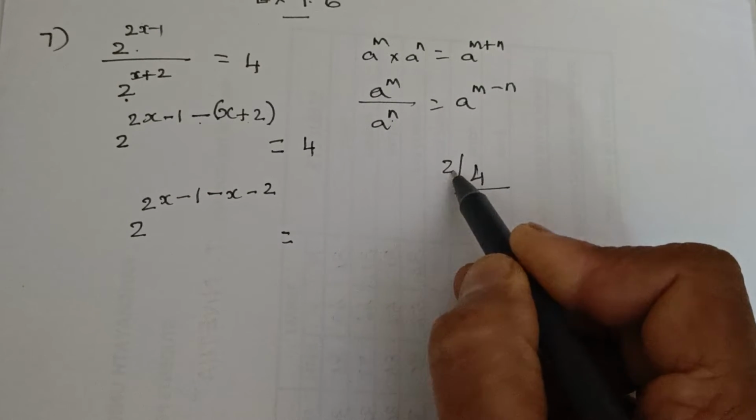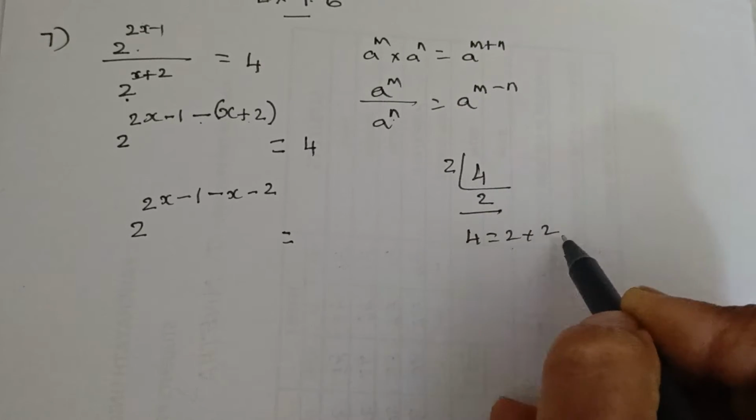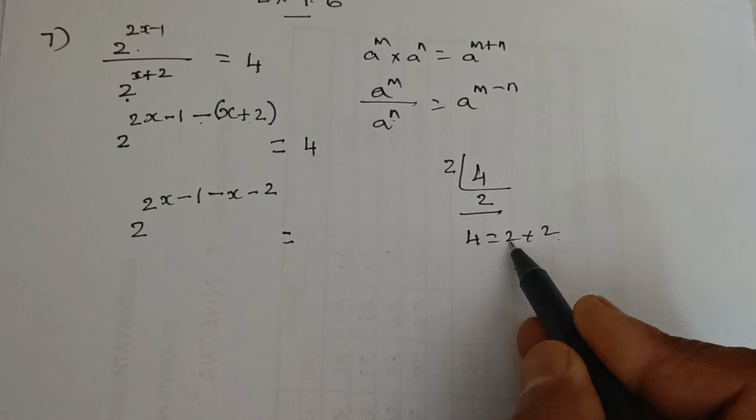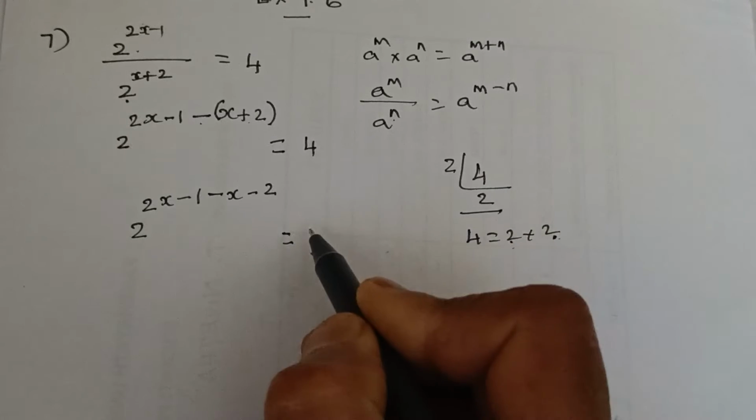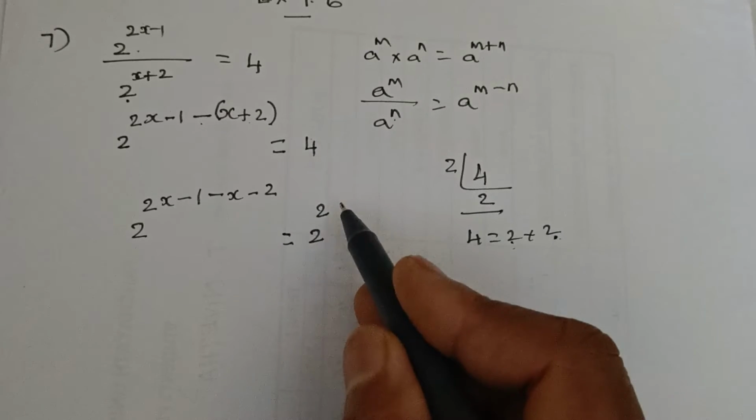If you do the prime factorization, 2 twos are 4. So 4 is 2 into 2, where 2 is multiplied 2 times. That means 2 square. We are rewriting 4 as 2 square.